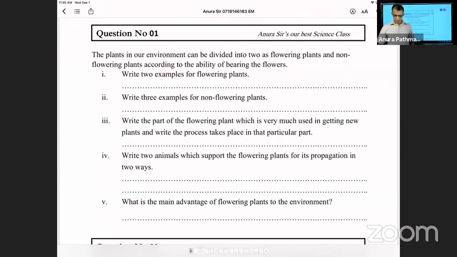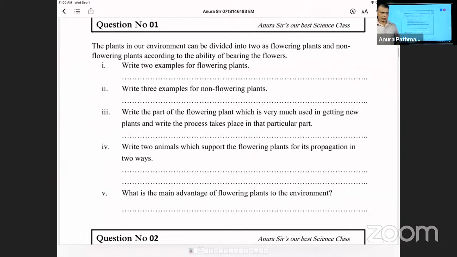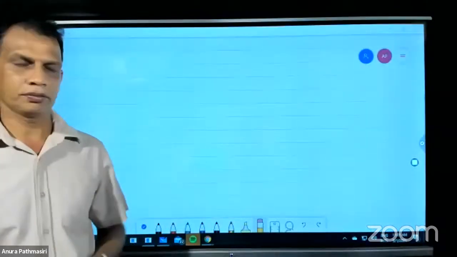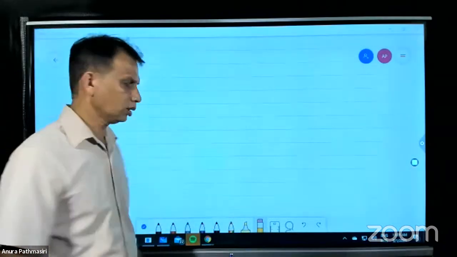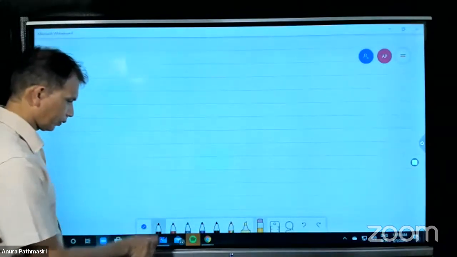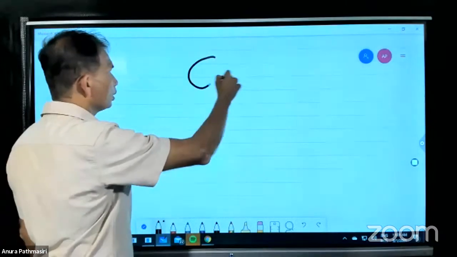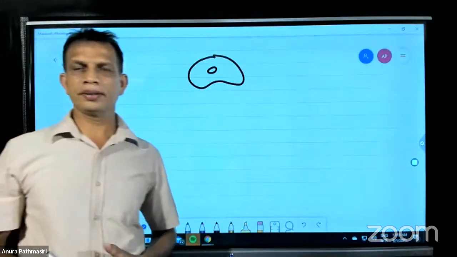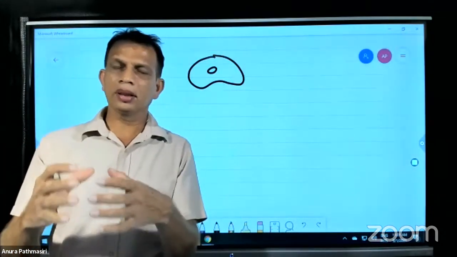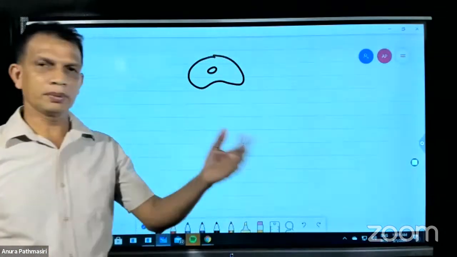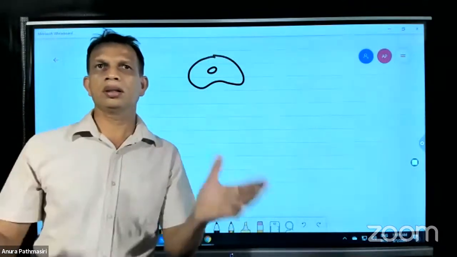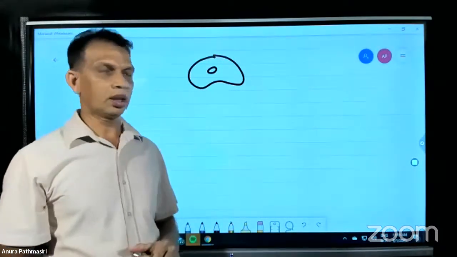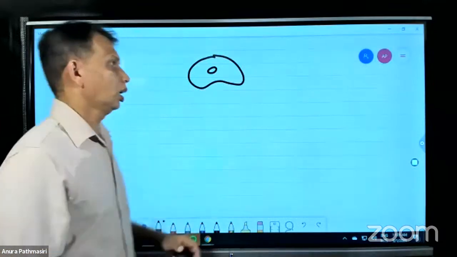Right. The plants in our environment. We have studied plant life. We had to study something like this: the unicellular organisms, the bacteria, fungus, they started in the earth right at the beginning, when the life is okay and the climatic conditions are okay.